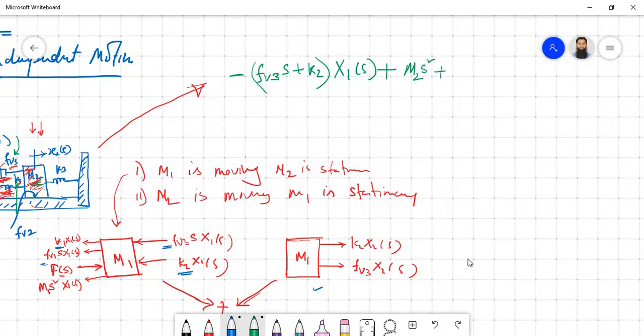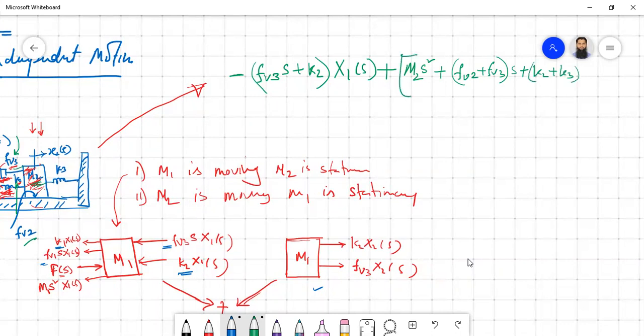We have two dampers, that is FV2 and FV3. So basically we can write FV2 plus FV3 S plus the springs K2 and K3.